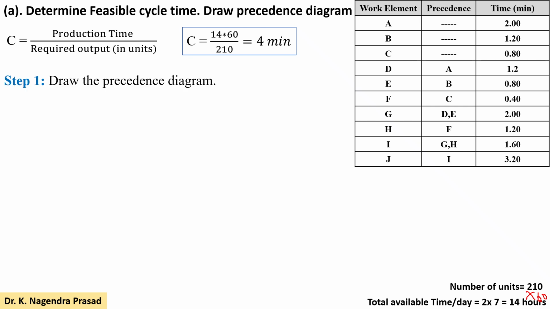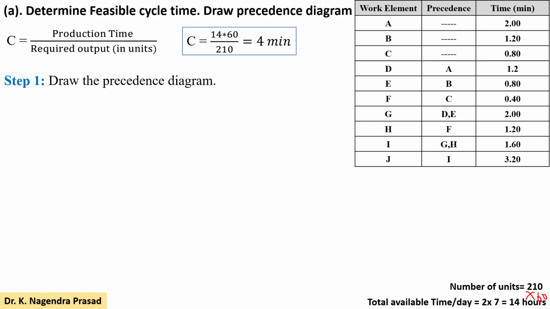Next, we have to determine the number of workstations by the RPW method. In the RPW method, step 1 is to draw the precedence diagram. For this, I have to observe the work elements and the precedence relationships given in the table.